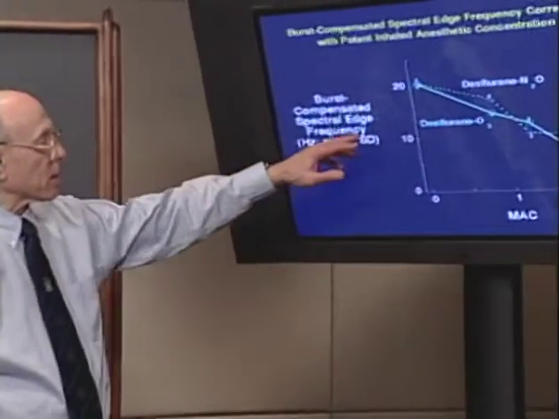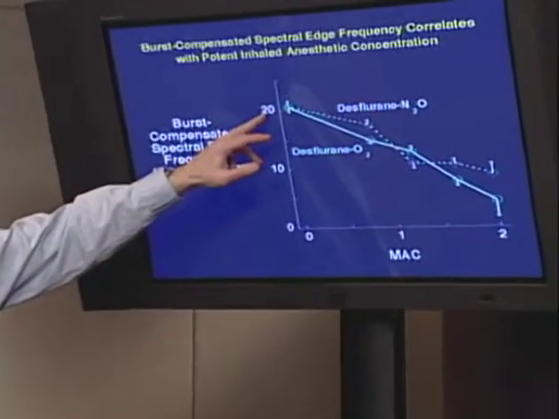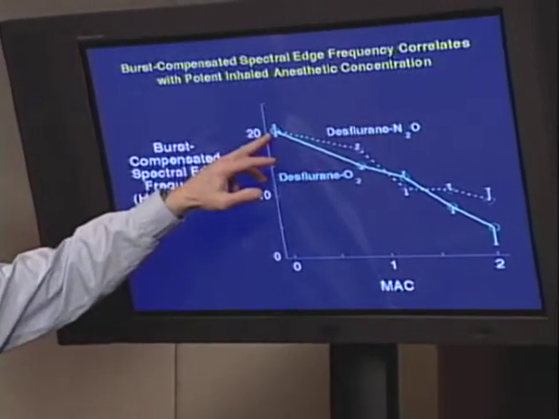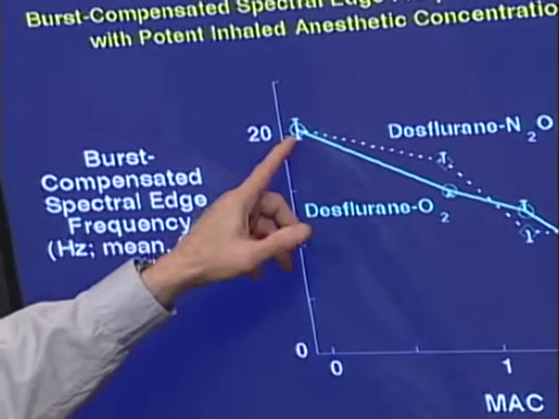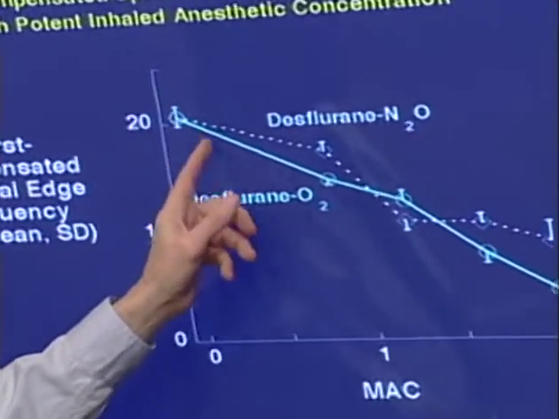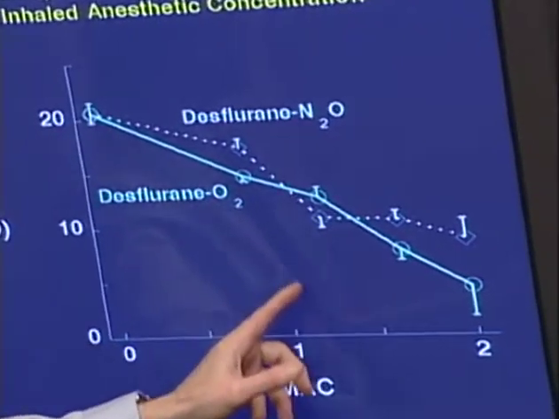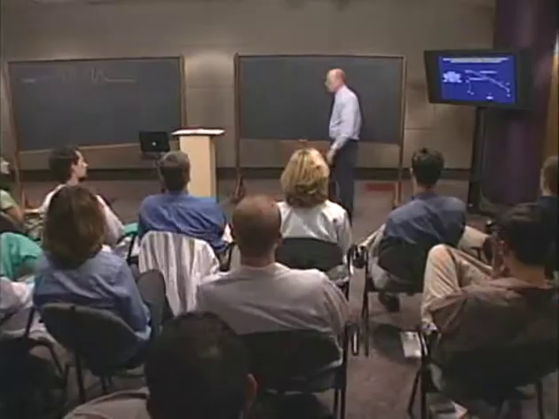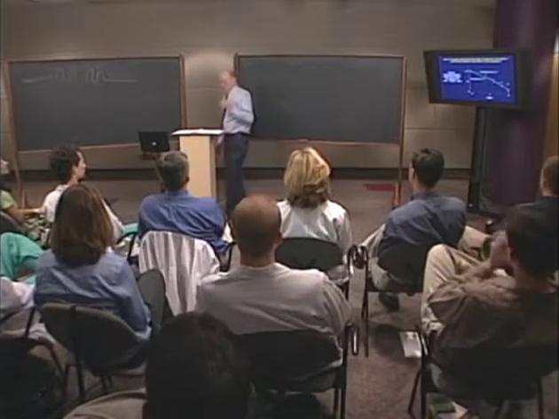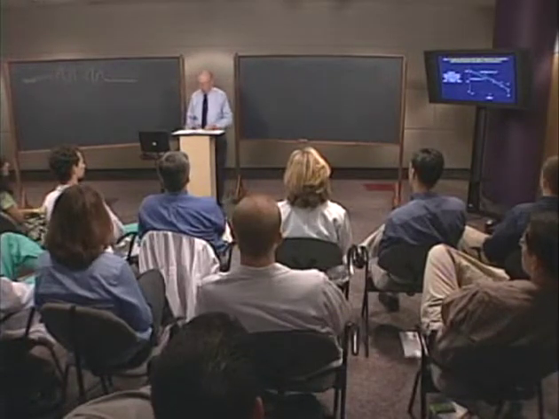So we'd say that the frequency of 20 cycles per second is what we're going to find in the awake person. That is, the awake person has frequencies up to, but not in excess of, 20 cycles per second. All the energy in the brain waves goes up to here. And then when we give anesthesia, that edge goes down, and all the energy is in lower and lower frequencies. That could be a measure of the depth of anesthesia if we liked it.